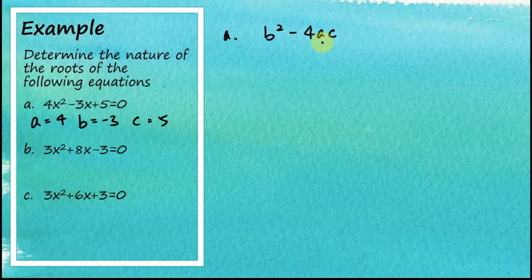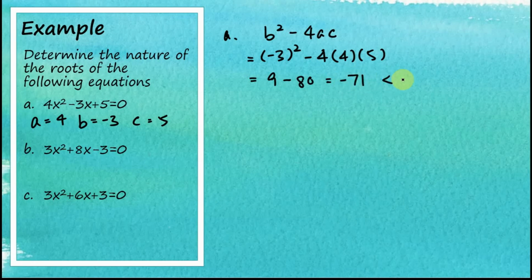This is the discriminant, and b is negative 3, so negative 3 squared minus 4, a is equal to 4, and c is equal to 5. So this is 9 minus 4 times 5 is 20, 20 times 4 is 80. So 9 minus 80 is equal to negative 71.